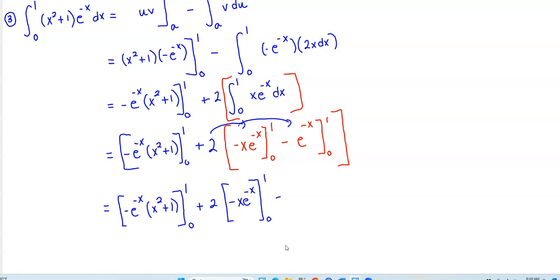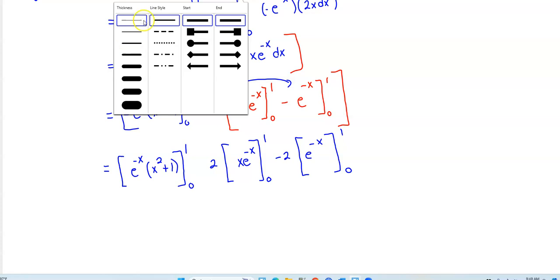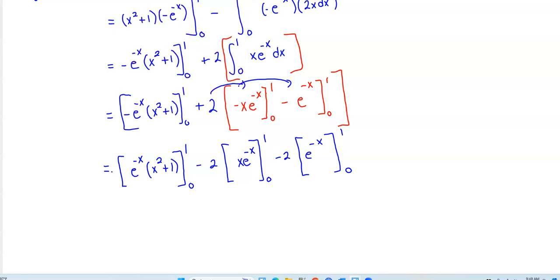Distribute the 2 here, gives us minus 2 times e to the negative x going from 0 to 1. Okay, so what we may want to do is just factor out the negative as well. So if we factor out the negative, it just makes our calculation slightly easier. We can now factor out the negative, so that's going to be minus 2, and then the negative is out here. So we have negative, and then let's go ahead and evaluate.